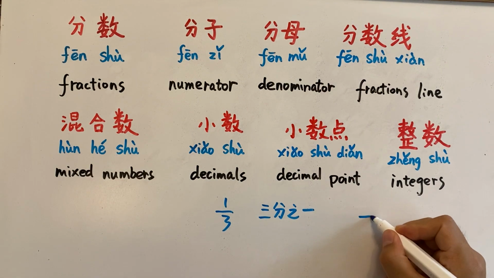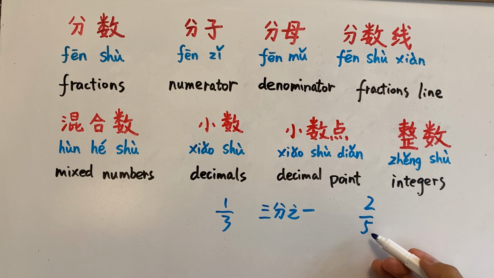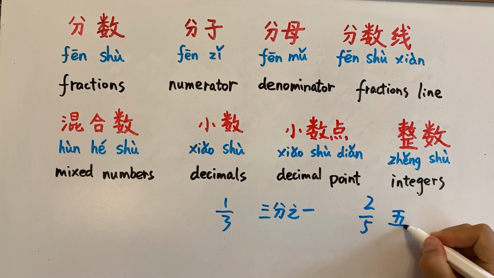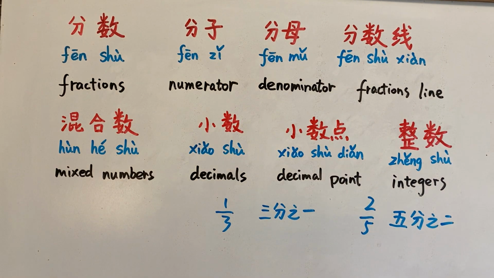For another example, 2/5. In Chinese, we call it 五分之二. We name the denominator first and then the numerator. 五 is the Chinese character of 5, and 二 is the Chinese character of 2. 五分之二.